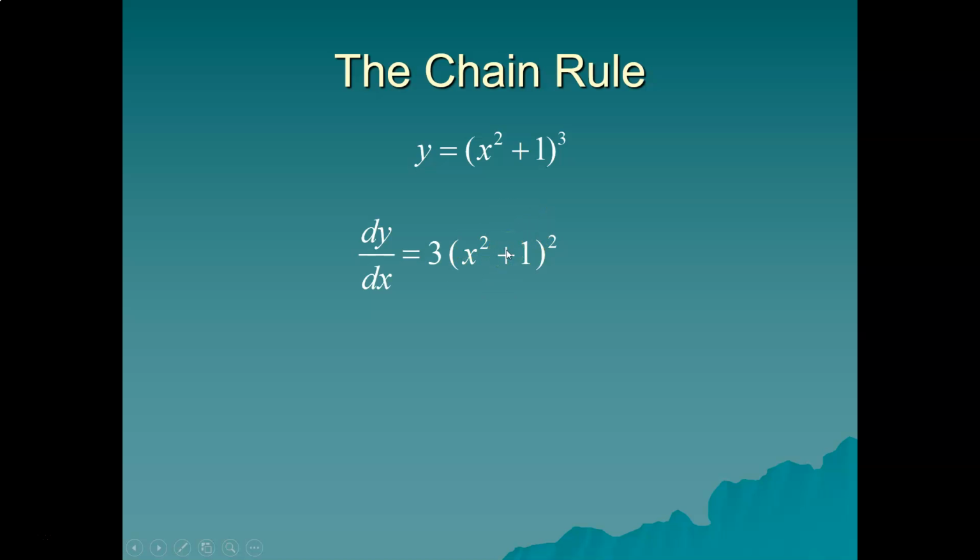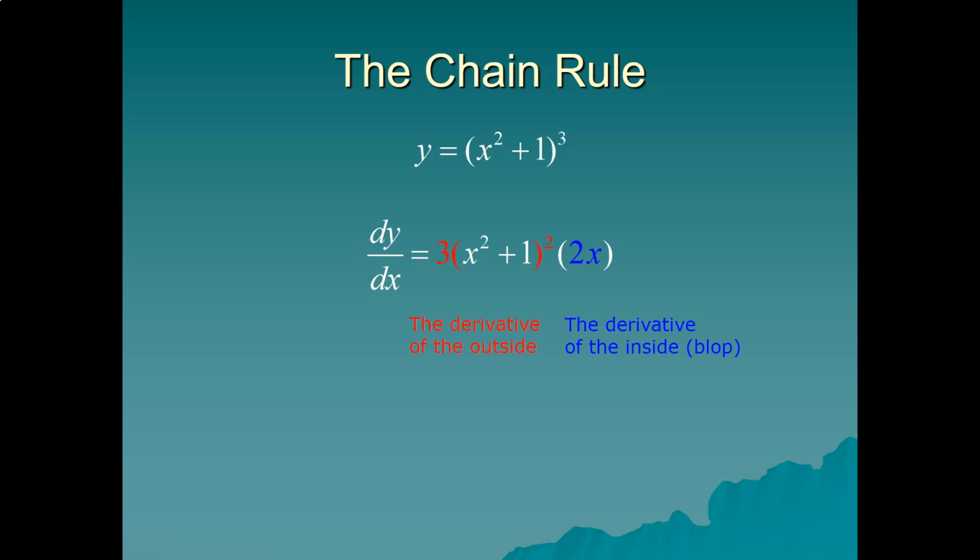Now you're probably wondering, what do we have to do with that other part, that du part? Well, that comes afterwards. So we kept the inside the same, put it here. We took the derivative of the outside, which was 3 to the power 2, and then we took the derivative of the inside, which is just 2x, and put it on the outside. So that's how the chain rule works.